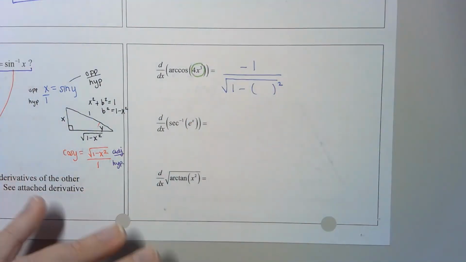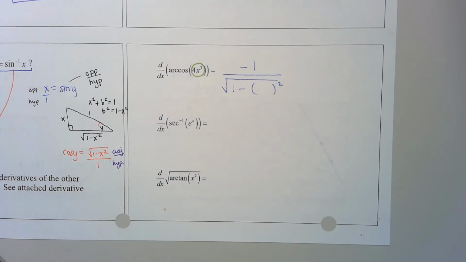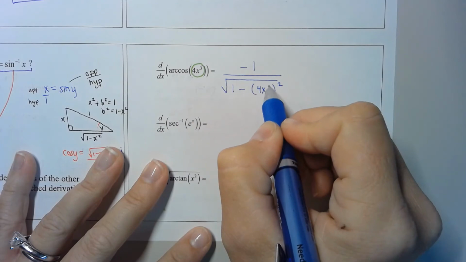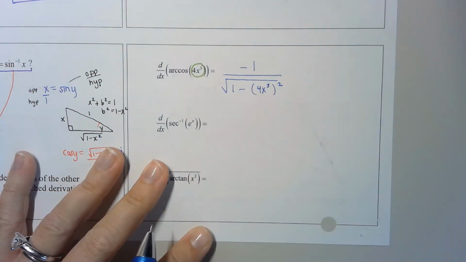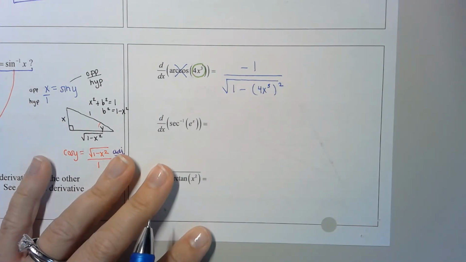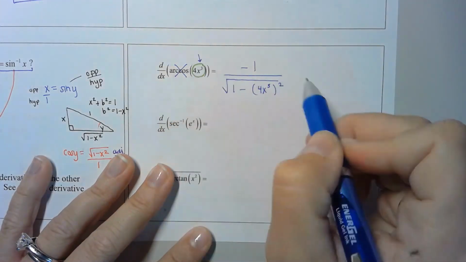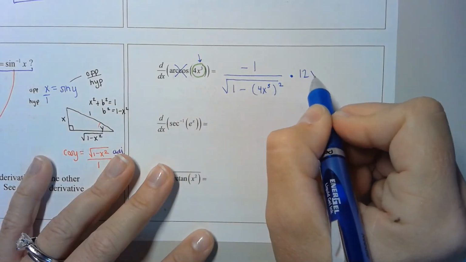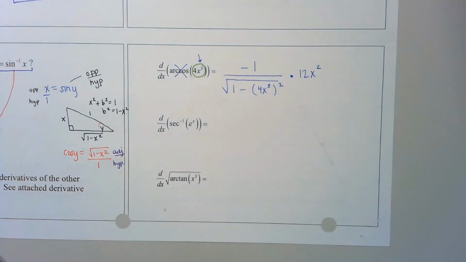That's my u. So again, I leave the inside alone, so I put a 4x cubed in there. That just took care of the inverse cosine. The chain rule says multiply by the derivative of the inside, which is 12x squared.